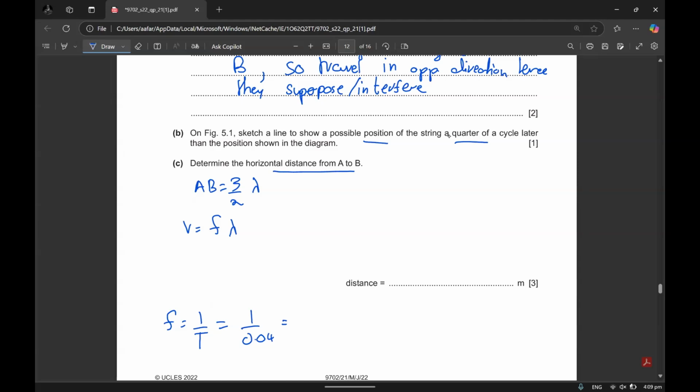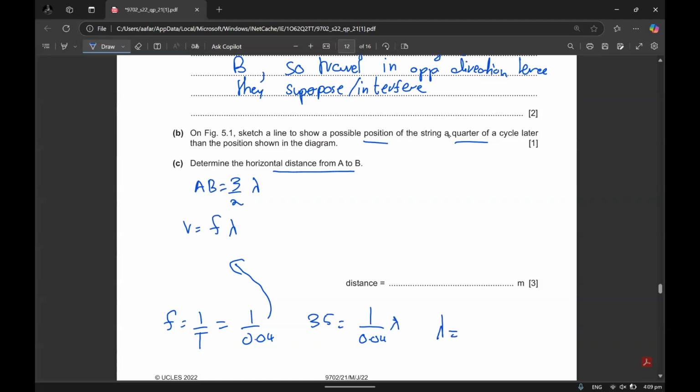So 35 speed times 1 over 0.04 is equal to lambda.